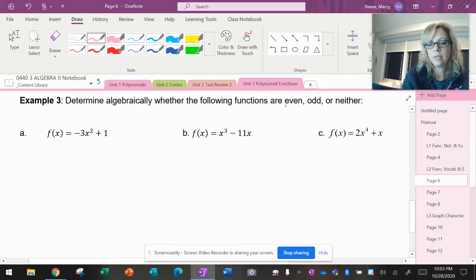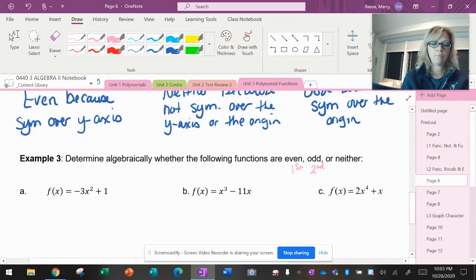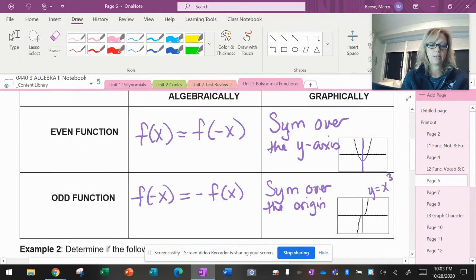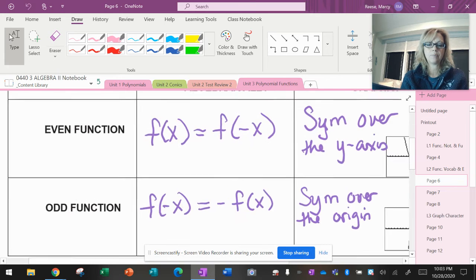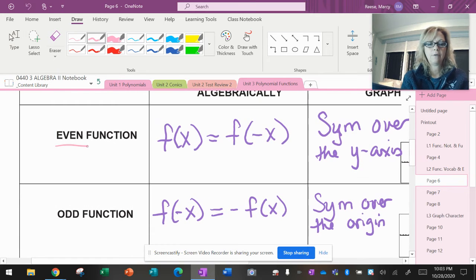We always test for even first and then odd second. The even test, if you remember, algebraically speaking: if it's even, we put in negative x. If it's odd, we put a negative in the front and test it. And then we have some stuff to do with that.